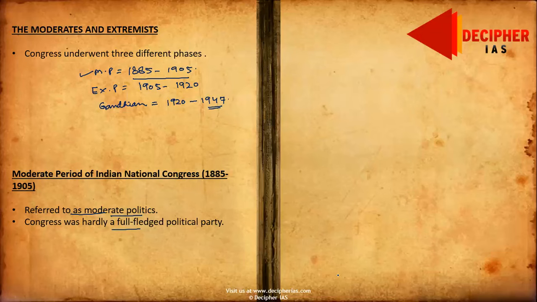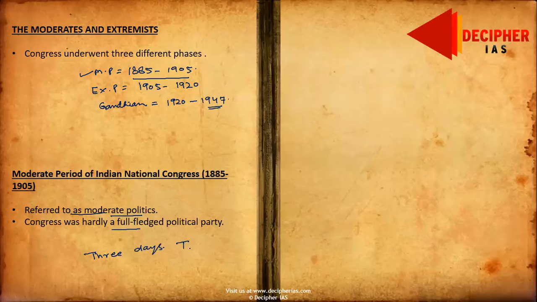What this conference actually deliberated and adopted were various resolutions and petitions which they sent to the British administration of those times, and the critics used to call these annual conferences three-day tamashas.